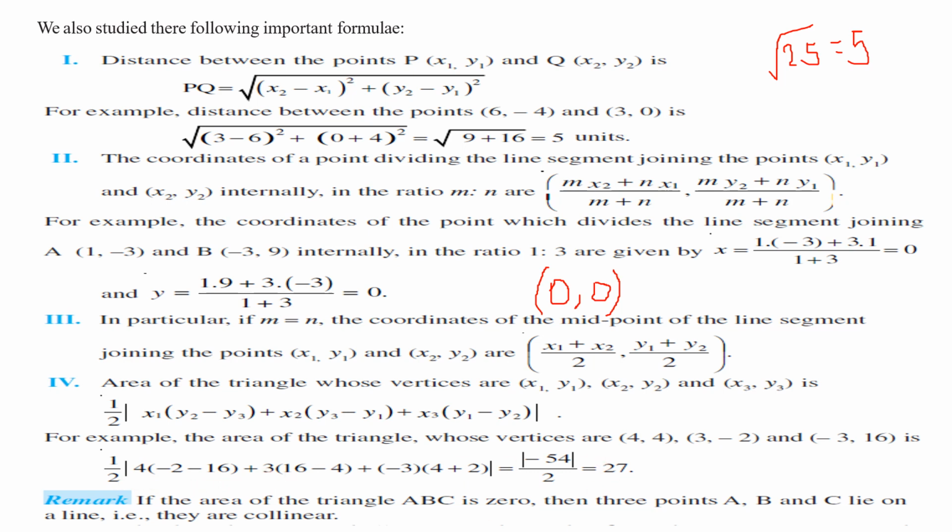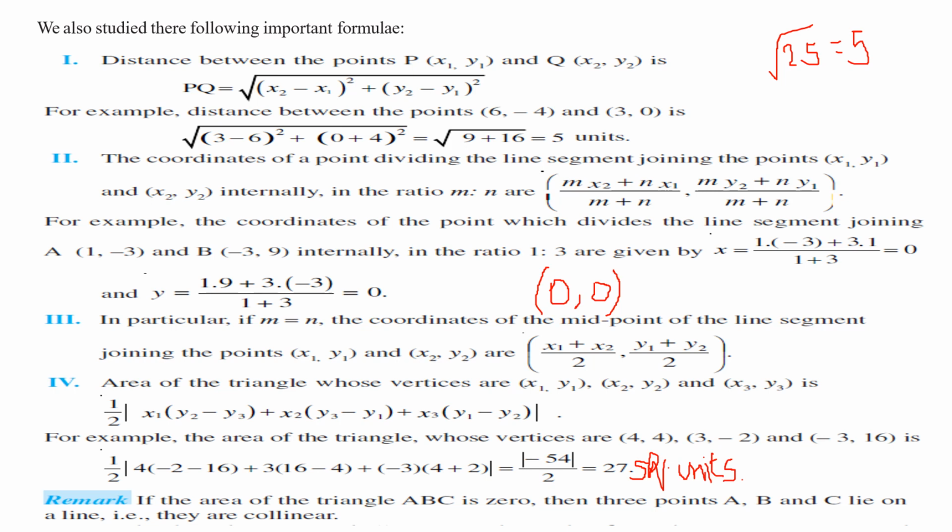This is the area of the triangle formed by the 3 points, 25 square units, because we are finding here the area of triangle ABC.